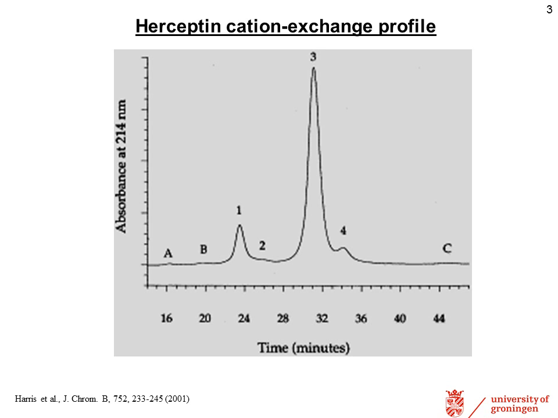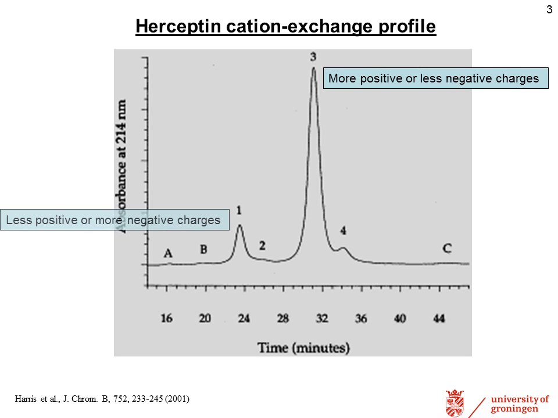Going back to the principle of strong cation exchange, we assume that form 3 has more positive or less negative charges than form 1. We now need additional analytical methods based on mass spectrometry to find out where the differences are and also later whether these differences may be detrimental to the biological activity of Herceptin.